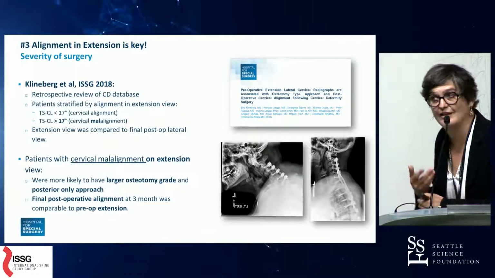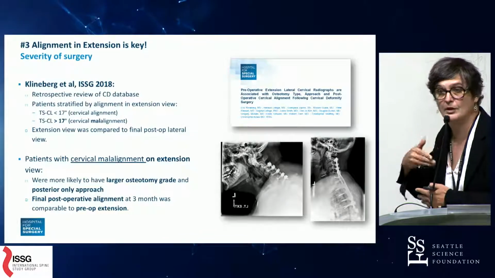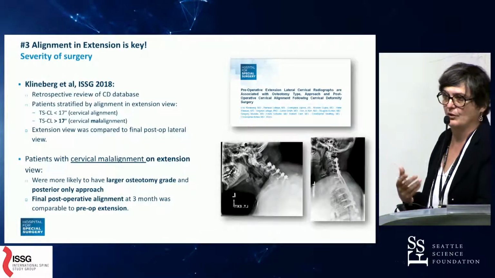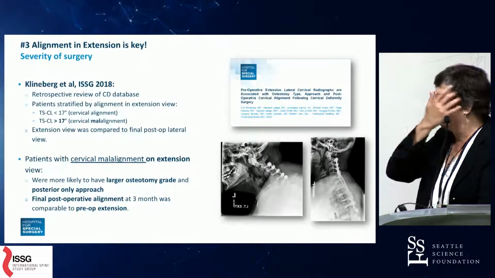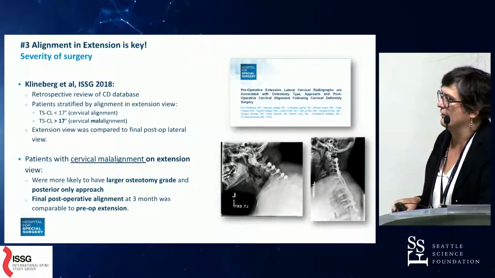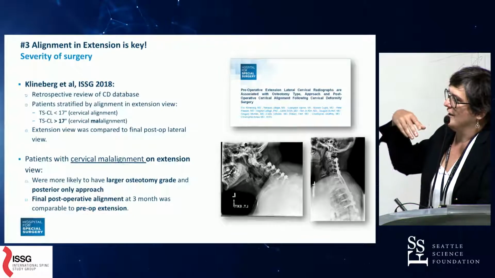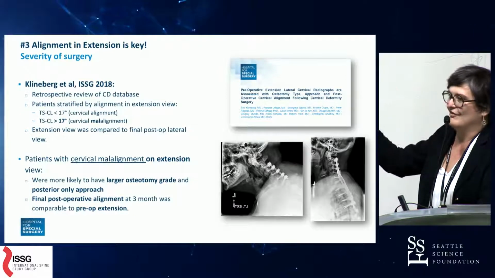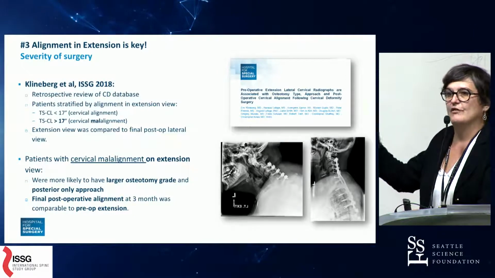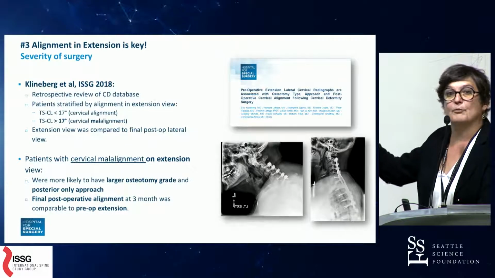Basically, if in extension you're still deformed, you're going to do a more severe correction than if the patient corrects based on flexion extension, and the preoperative extension film is actually very similar to whatever you're going to have postoperatively.